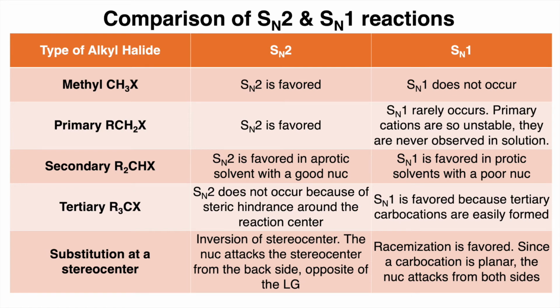However, if you had a polar protic solvent with a poor nucleophile, then SN1 would occur with a secondary alkyl halide. If you had a tertiary alkyl halide, SN1 is favored. And lastly, if your alkyl halide was at a stereocenter, the SN2 mechanism would invert the stereochemistry of the products, while the SN1 mechanism would form a racemic mixture of products.